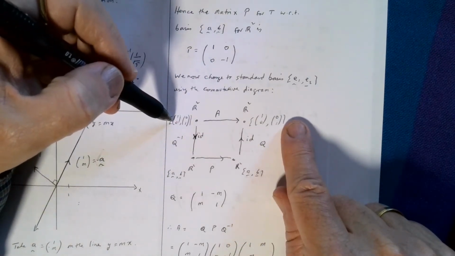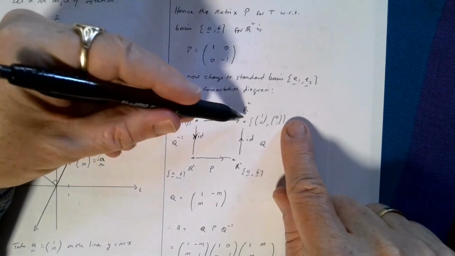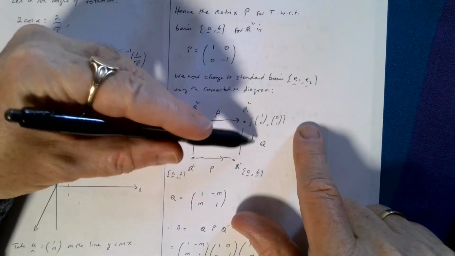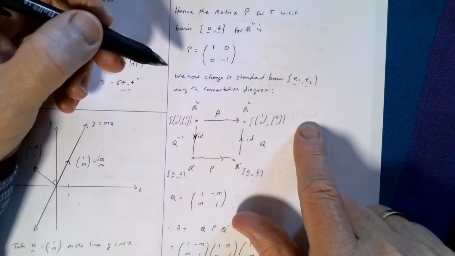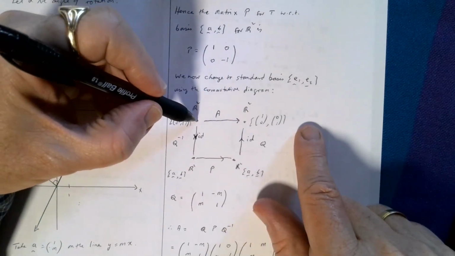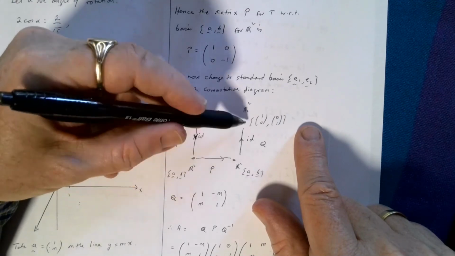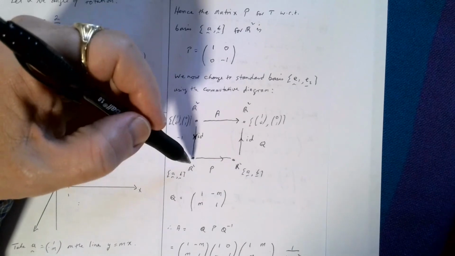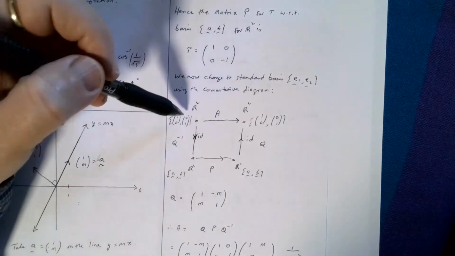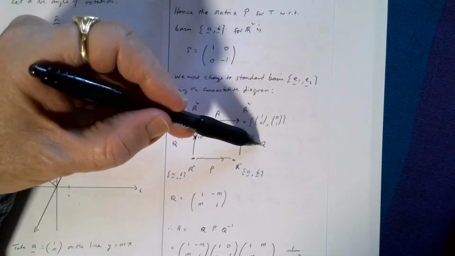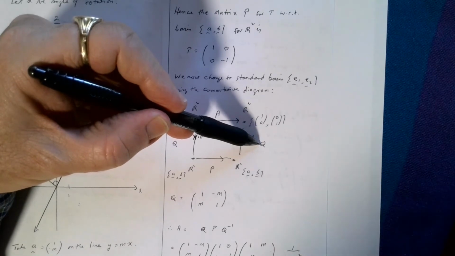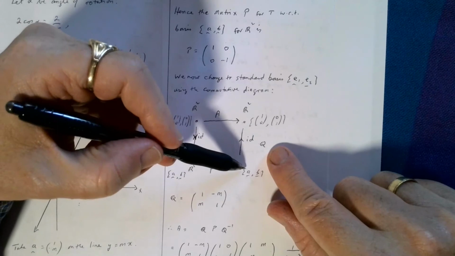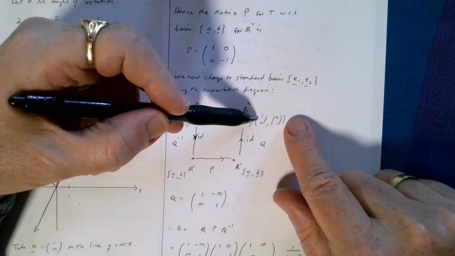And so as usual, what we do is, instead of going across here, we take an identity map here and an identity map here, so that's not doing anything. And we go down here, across there, and back up there. So we need to know what the linear transformations are that are sending me from one basis to the other. So call this one here Q, and Q is easy to write down because this is going from this basis into the standard basis.